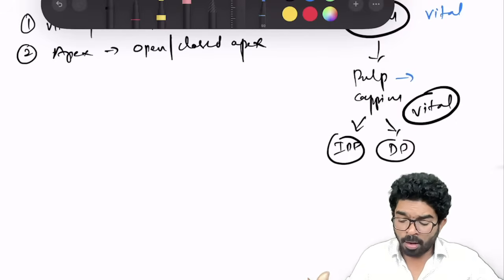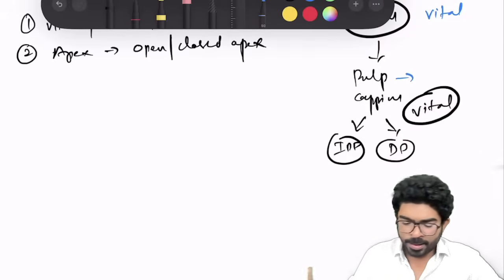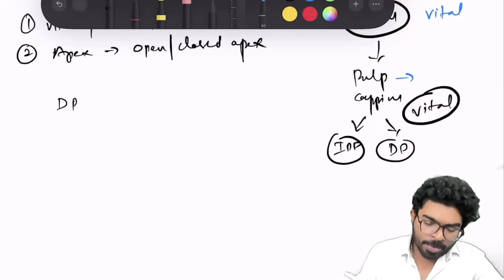Now the most important point: I don't want to stretch about indirect pulp capping, so I'll jump into direct pulp capping.